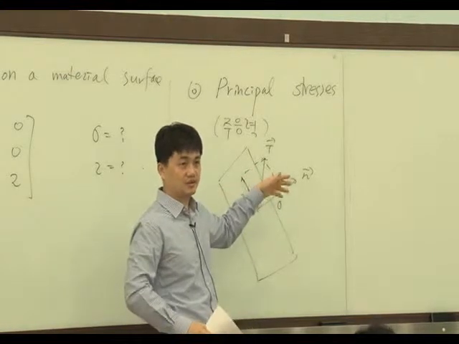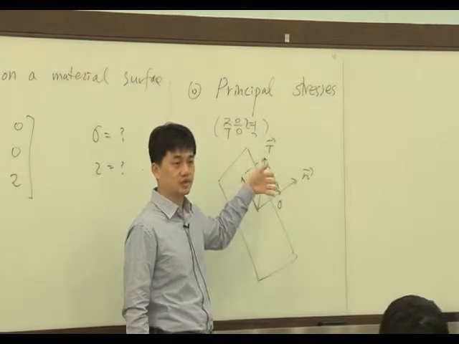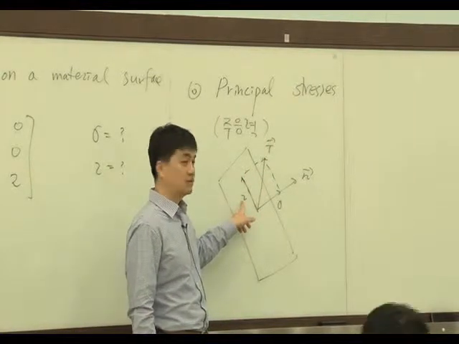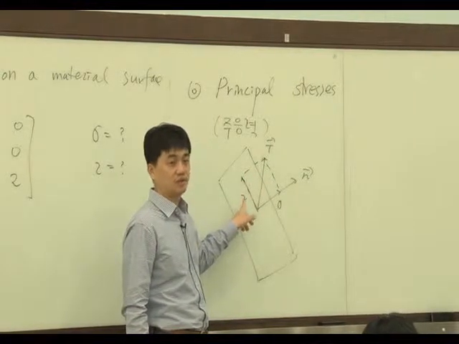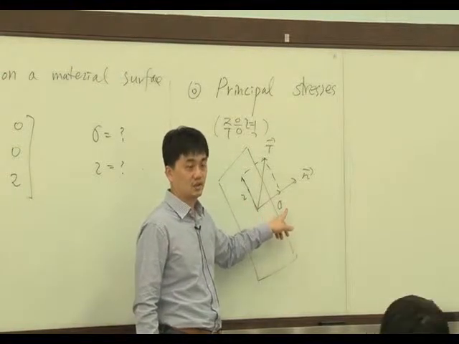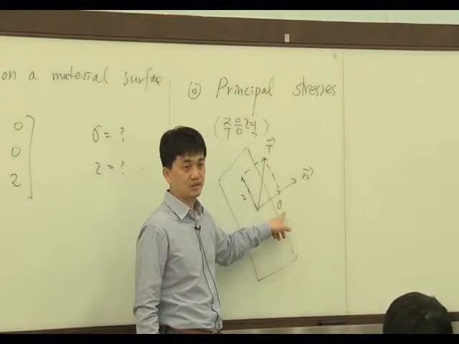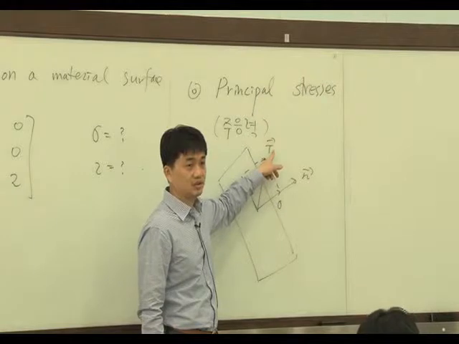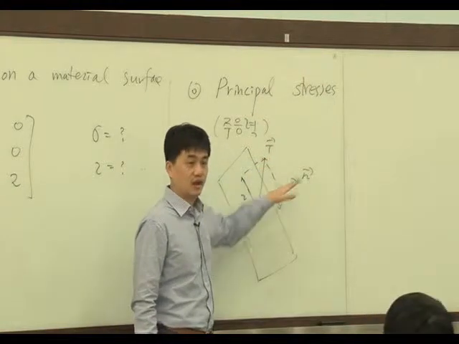But for a certain n, the shear becomes 0. So there is only normal stress. It means the direction of traction is the same as n.